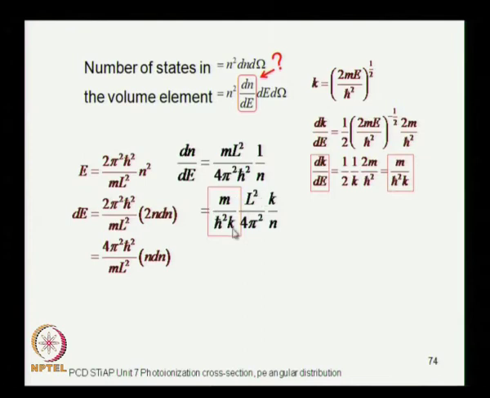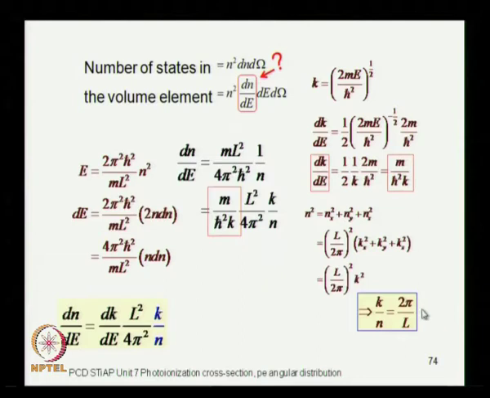So, you can write this not just as dN over dE, but you get dN over dE in terms of dk over dE, and you will see that this gives us a certain convenience. So, dN over dE comes out in terms of dk over dE times the other parameters, but there is this k over n that sticks out, and you get the k over n already because you have this expression between n square and k square.